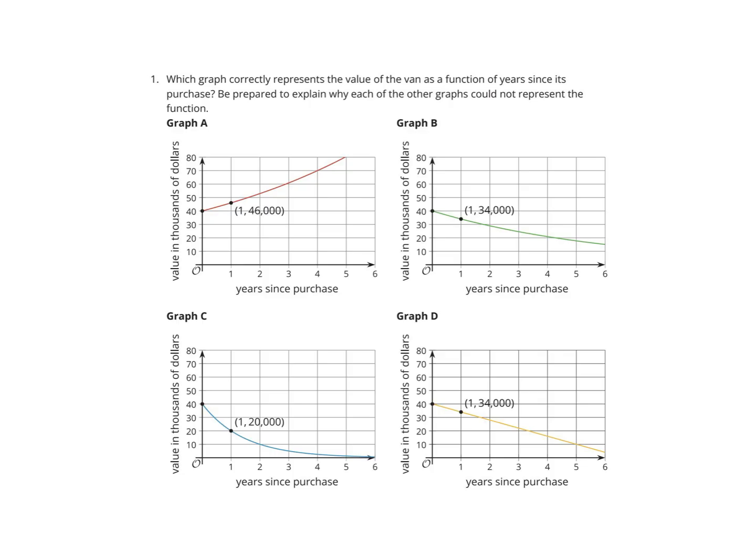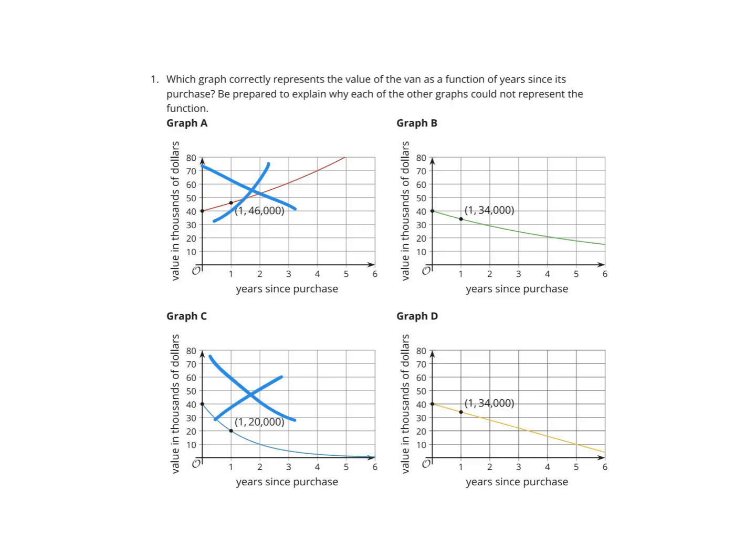Okay, which graph correctly represents the value? So when you put these into the equation, you will see when X is 0, Y is 40,000, and when X is 1, Y is 34,000. So now that cuts off graph A and graph C. They don't work because graph A is growing and graph C lost 50% of its value in 1 year.